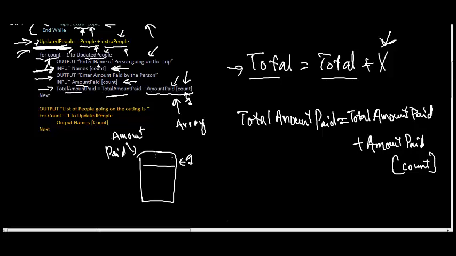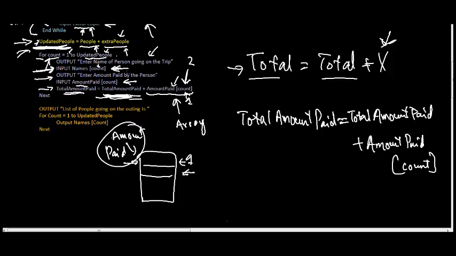So that value lying in this element is going to be added to our total, right? Next time the loop runs, value of count becomes 2, so total amount paid will be equal to total amount paid plus amount paid 2, because count is equal to 2 right now. So whatever value is stored in this element of this array, amount paid, will be added to our total.